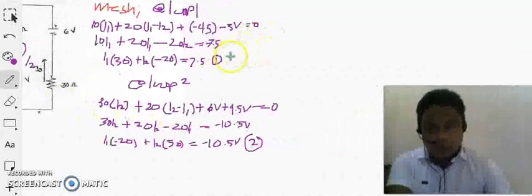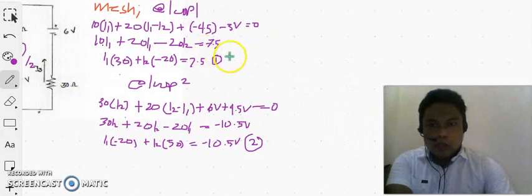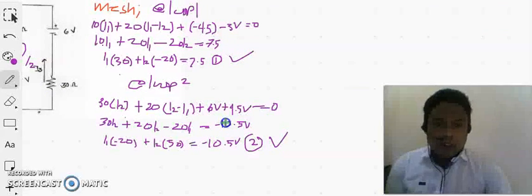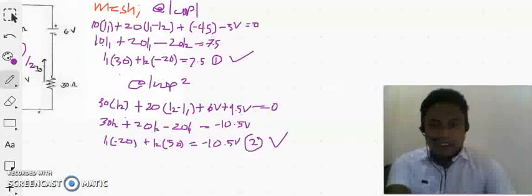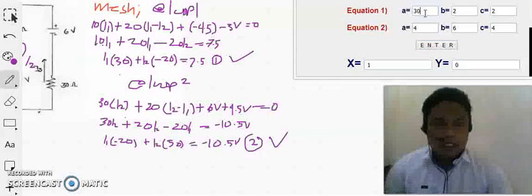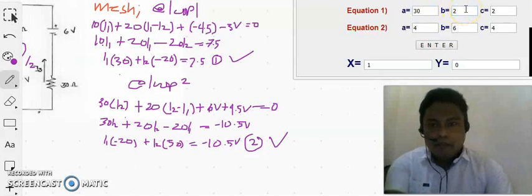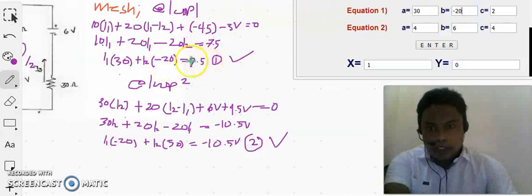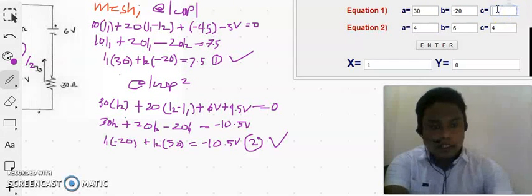So we have two equations and two unknowns, equation 1 and equation 2, and we're going to use the calculator. For equation 1, we have 30, and I2 is negative 20, and C is 7.5.